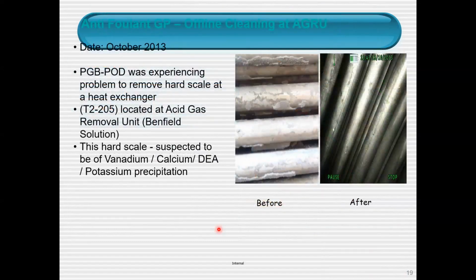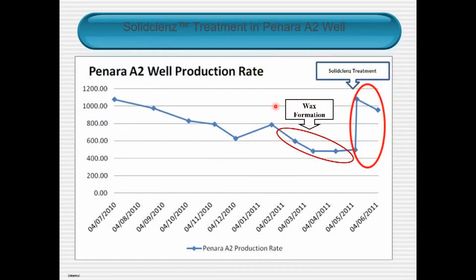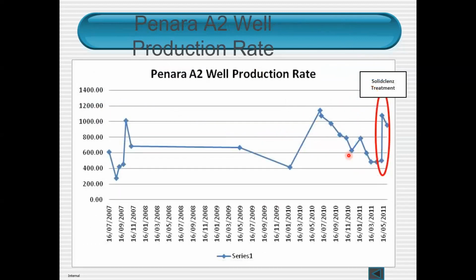And this is again the left side, it is being cleaned, and this is where it is dirty due to the foulant, using the chemicals. And this is the jump in production after using the chemical. This is another, Penara A2, again a jump in production after we apply the solid cleanse technology.